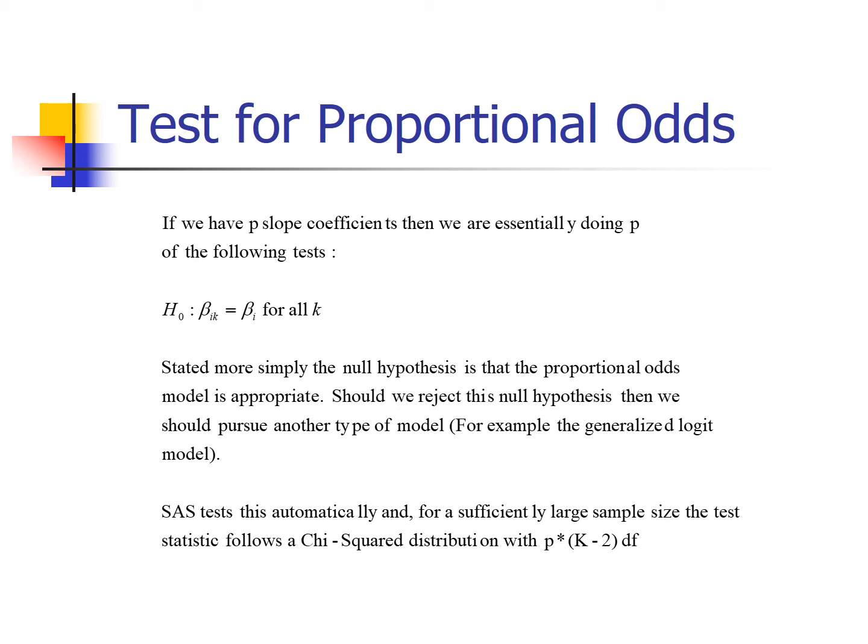Now, SAS does this test for proportional odds automatically by default, and for a sufficiently large sample size, the test statistic follows an approximately chi-squared distribution with p, the number of variables, times capital K, the total number of outcomes that our y variable has, minus 2 degrees of freedom.